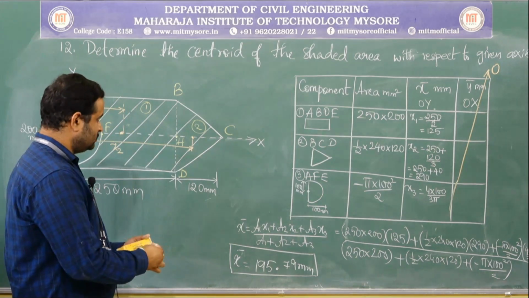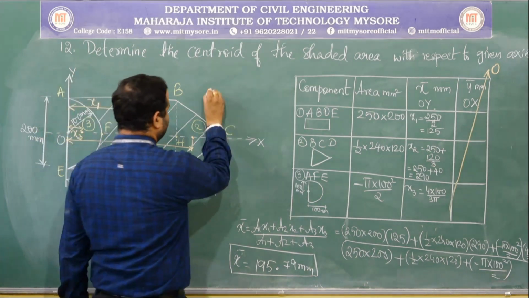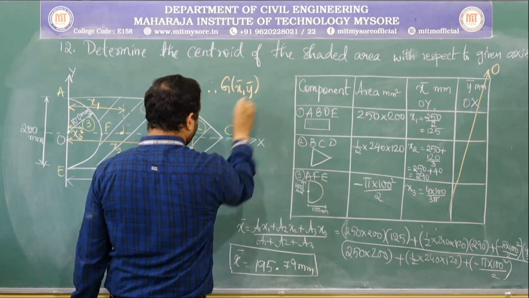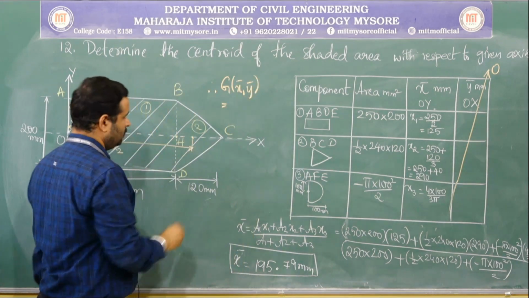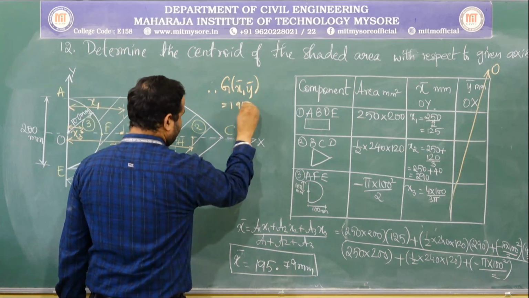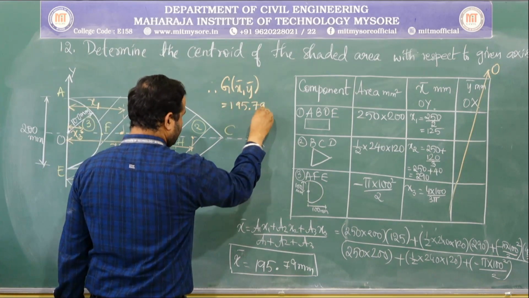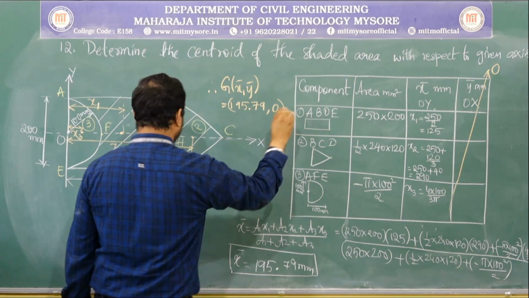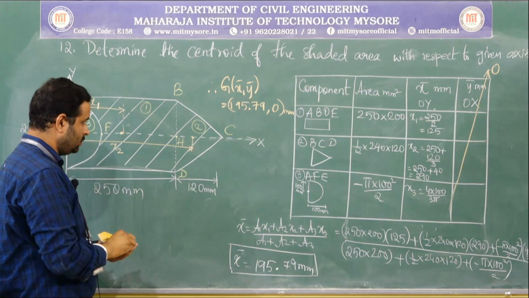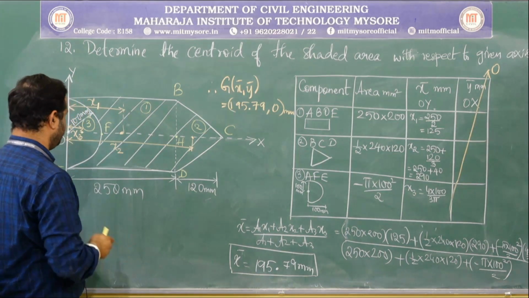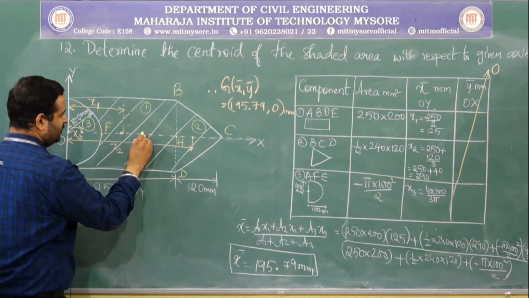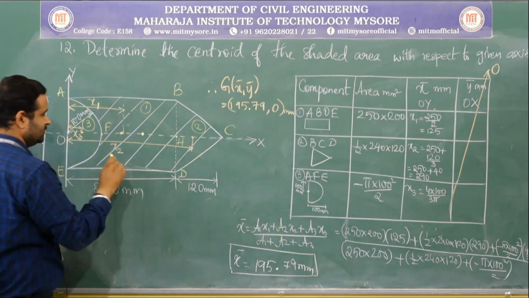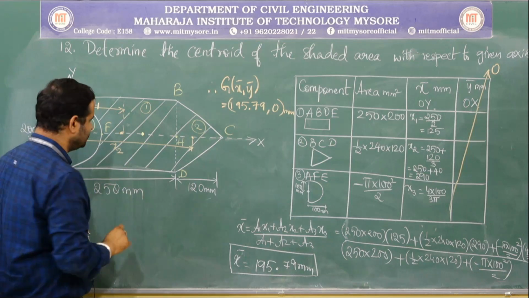So, at last you have to write, therefore, G of x bar comma y bar is equal to 195.79 comma 0 mm. So, somewhere here this 195 can be located, and x is 195.79 and y is 0.